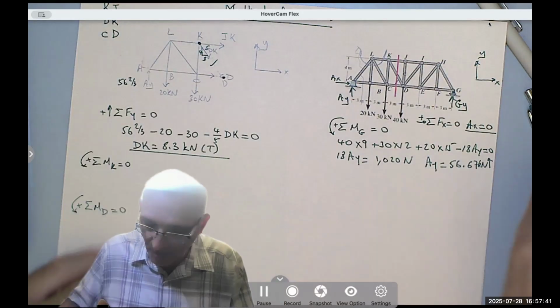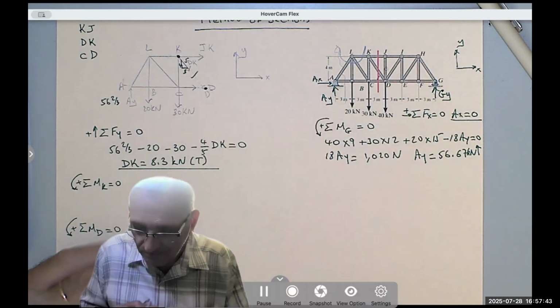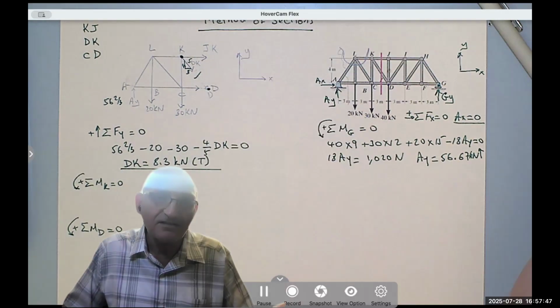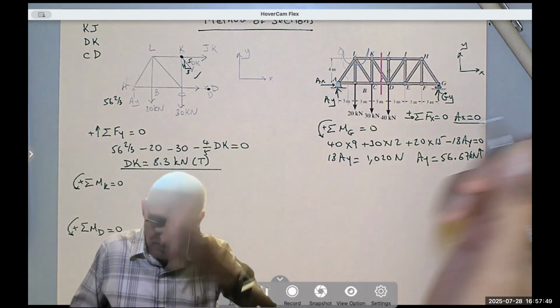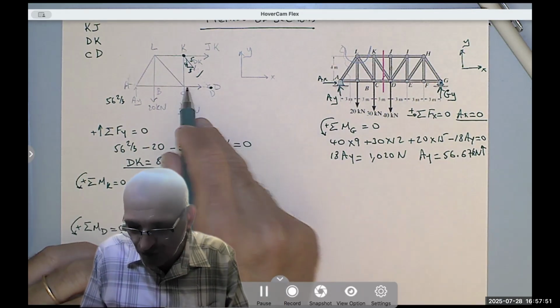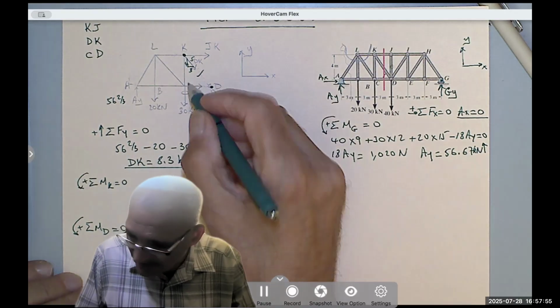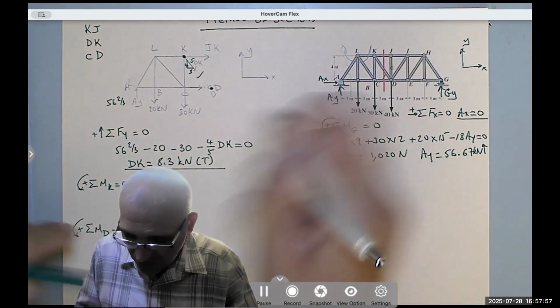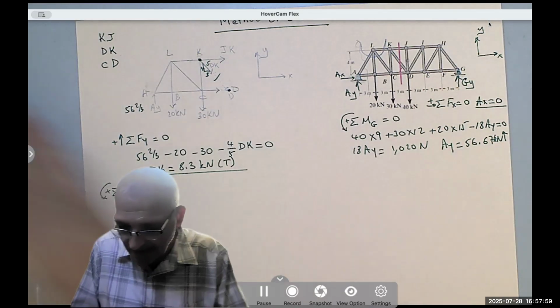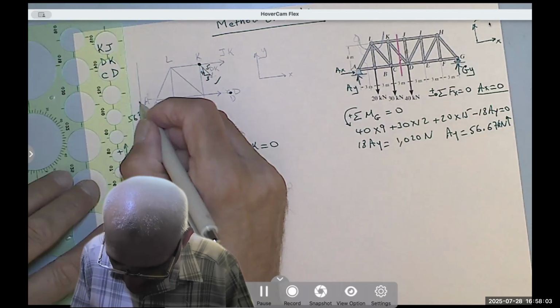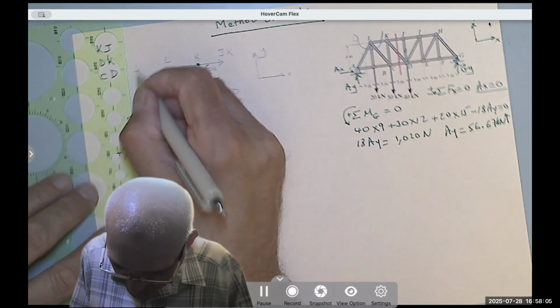Now let's take the moment about K. Notice about K, these two forces already intersect at K, so I don't care about them. This force, I assumed it's tension, it's rotating counterclockwise, and the height here, we didn't write, so this is not a complete free body diagram. You should have noticed that. I did not, but you should have.